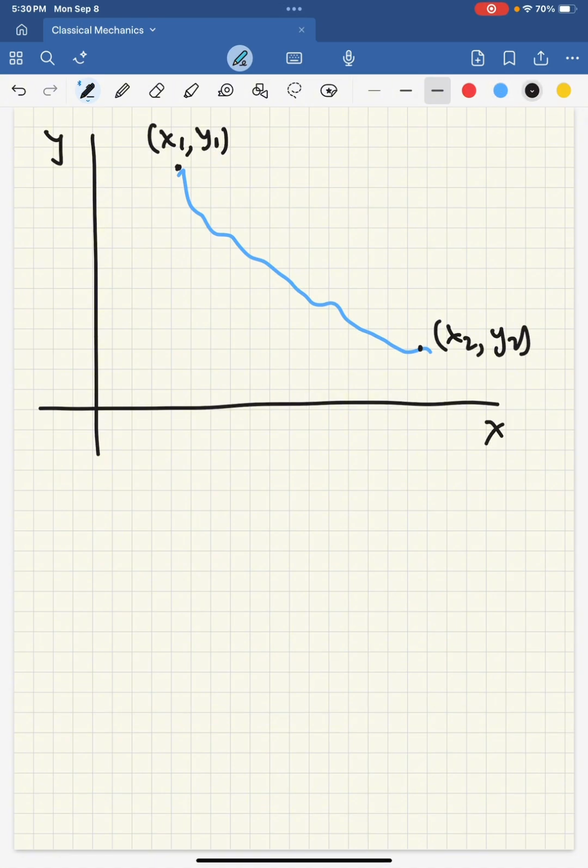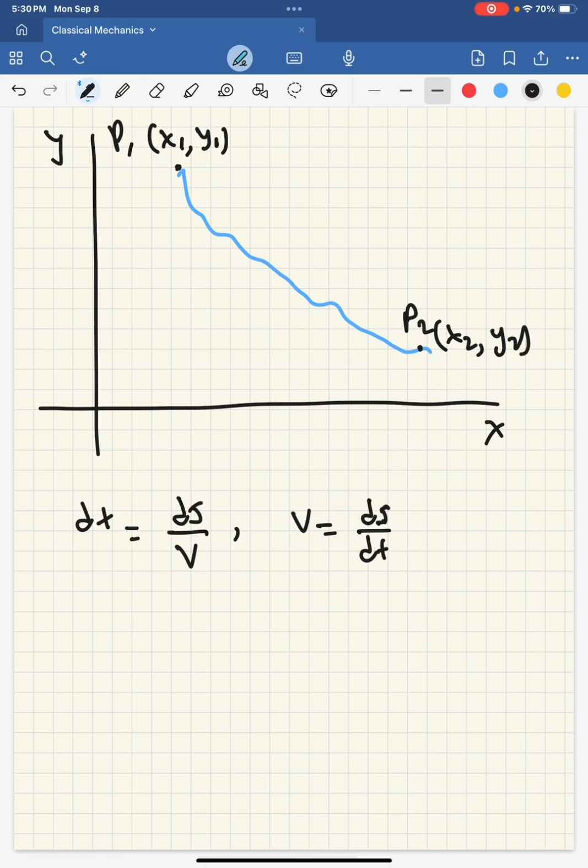If a particle travels between these two points, it will take a time dt, and this dt is given by ds over the velocity, because the velocity is equal to ds over dt.